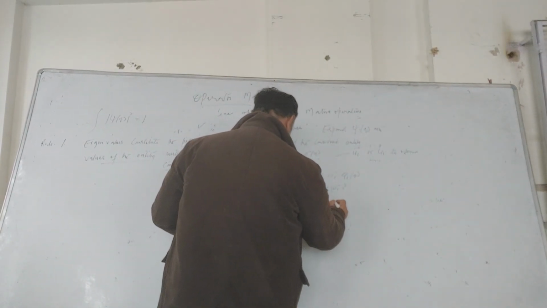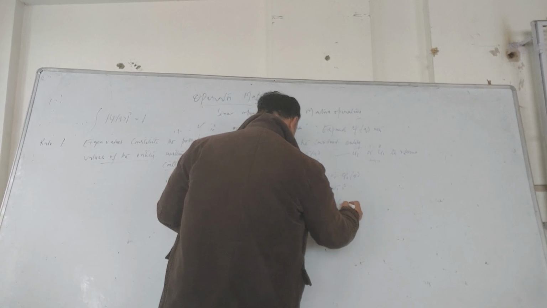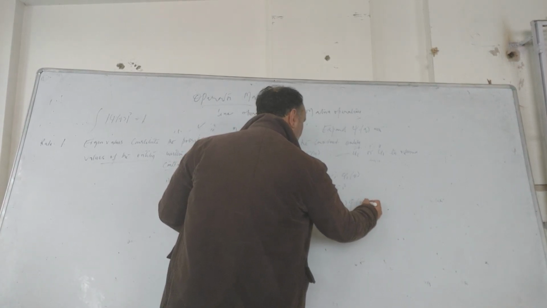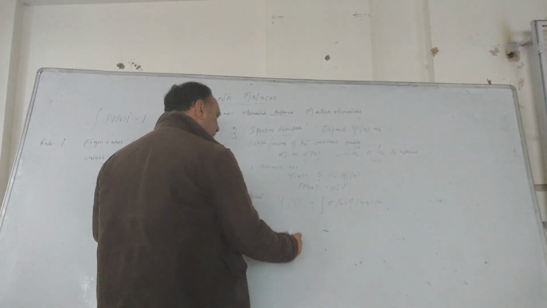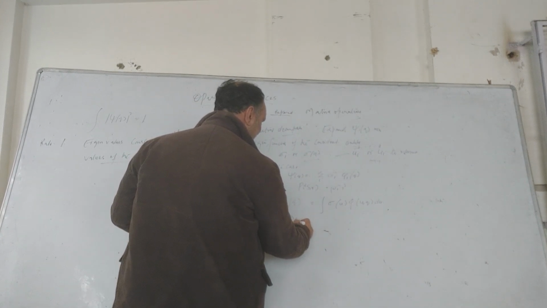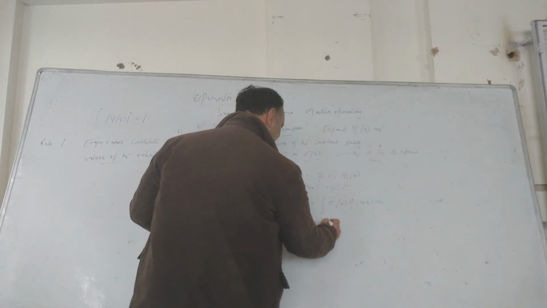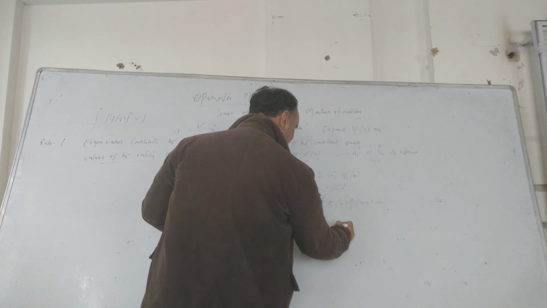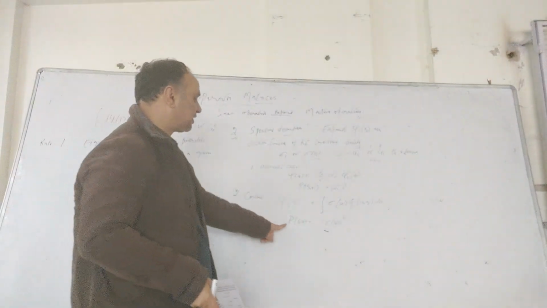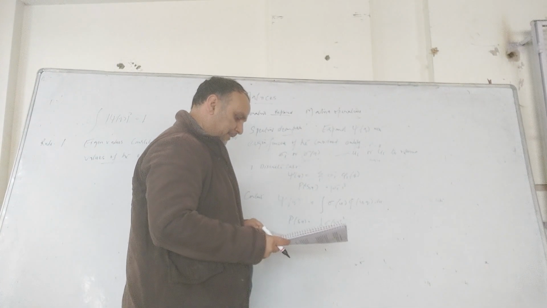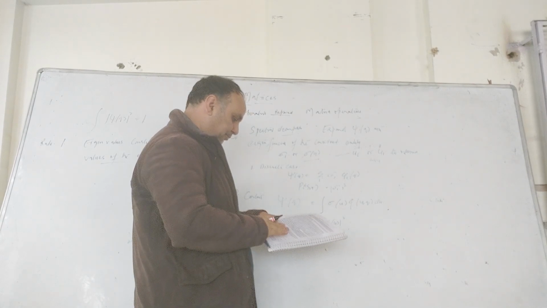Here psi of u is equal to the integral of c_u phi_u du. So the probability is the square of c_u, where P signifies the probability consideration.